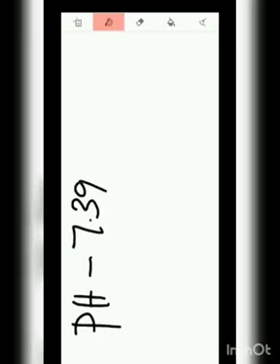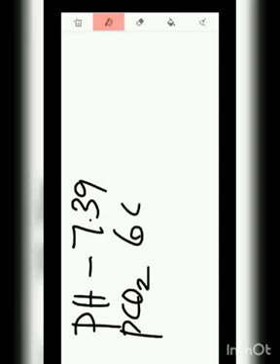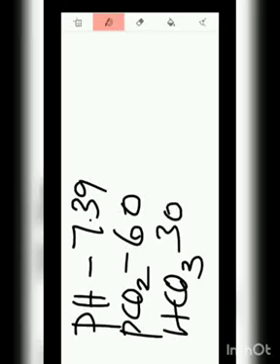Next we can go to another problem. The pH is 7.39. Then PCO2 is 60. Then bicarbonate, its value is 30. So try to interpret. 7.39, it means it is normal pH.